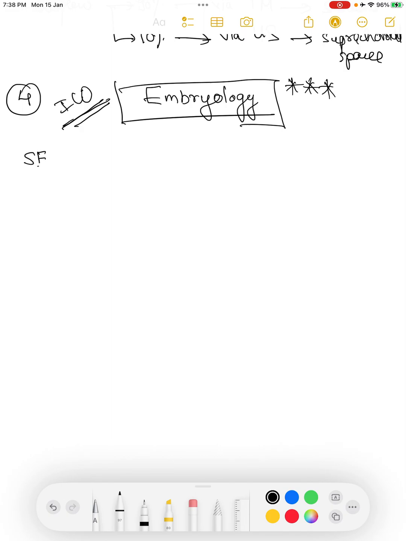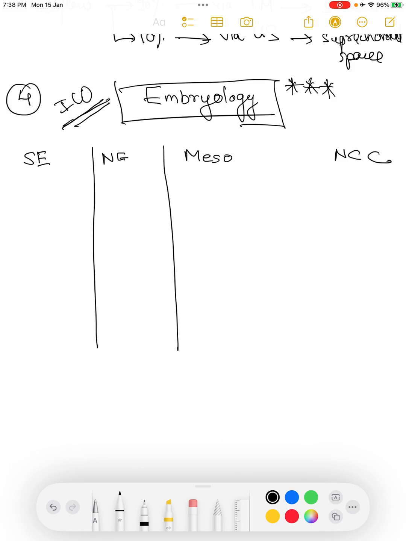Surface ectoderm, neuroectoderm, mesoderm, and last neural crest cells. Pardon me for my handwriting. Handwriting doesn't matter, knowledge matters.